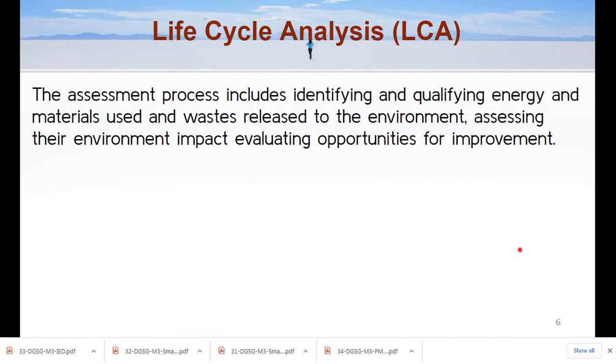So this assessment includes identifying and quantifying energy and materials used and wastes which are released to the environment, assess the environmental impact of each and every part of this particular stage, and then look at possible improvements in reducing the environmental impact.